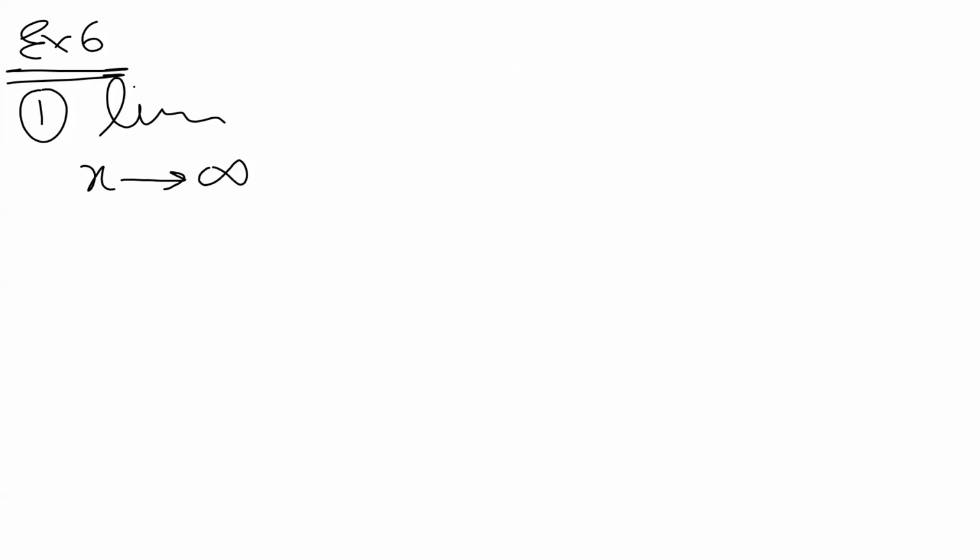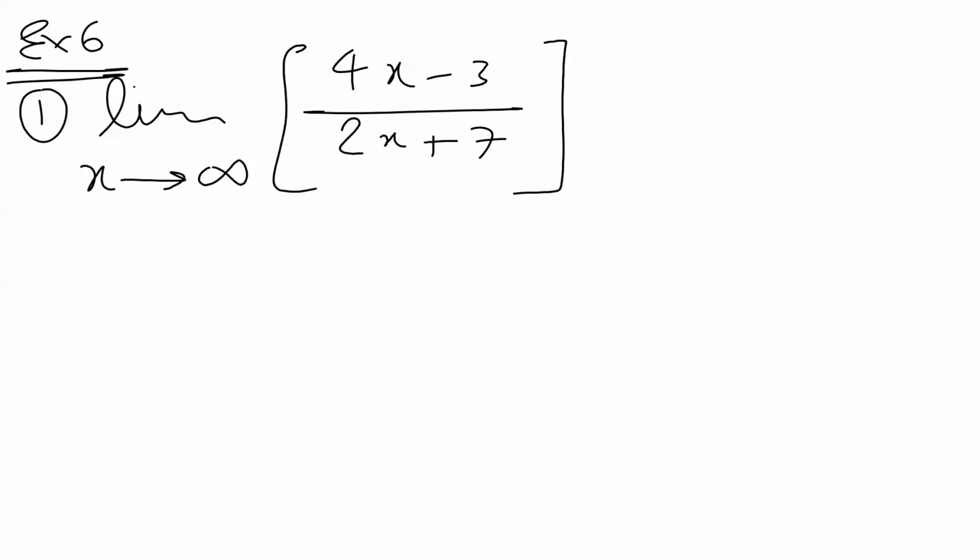Limit x approaching infinity, 4x minus 3, 2x plus 7. Now we have a numerator as well as denominator. Now look at all the x terms over here. So I'll just highlight those for you. What is the maximum power of x in this problem, or the degree of x? 1. Correct.